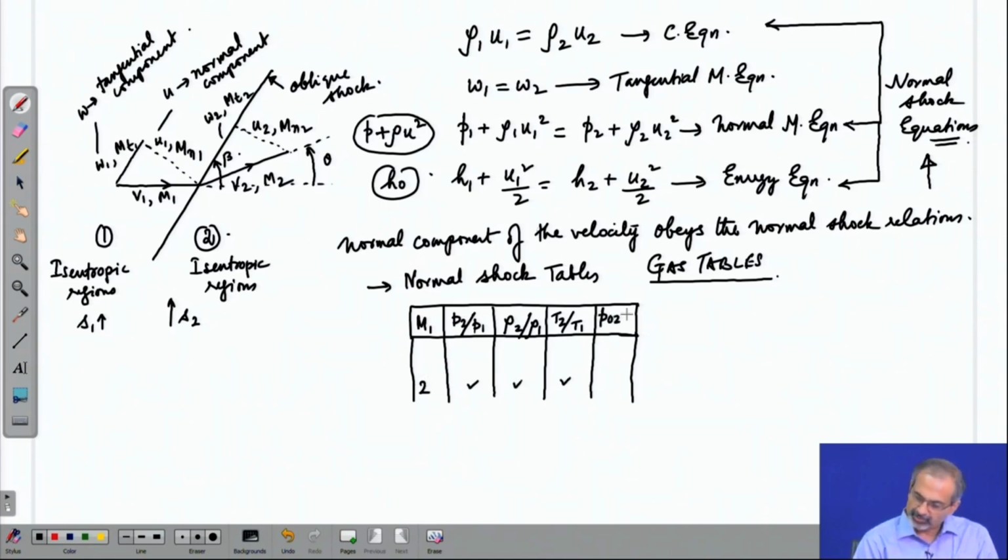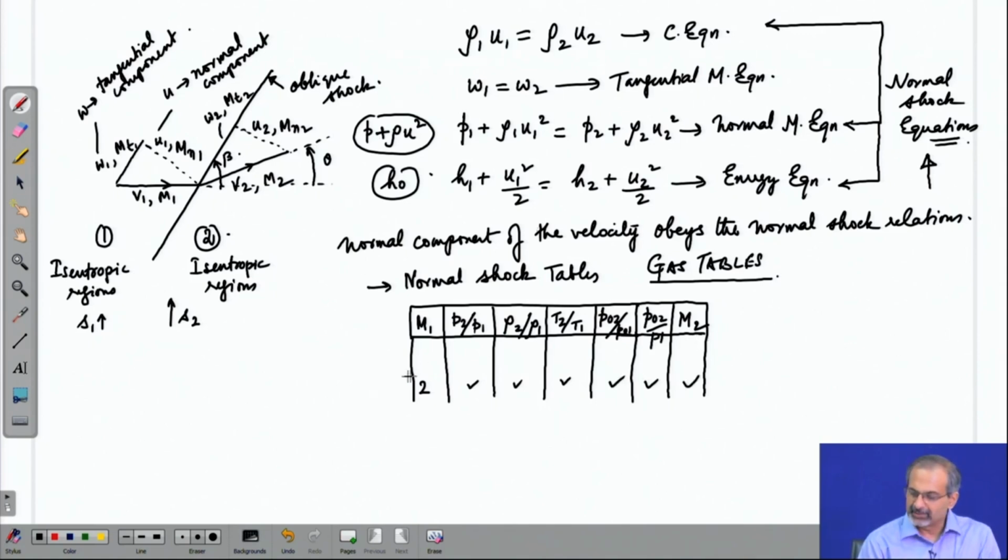P naught 2 by P naught 1, you know that this is linked with the entropy rise across the shock. Then you have P naught 2 by P 1, you have M 2. So, all these would be available from your normal shock tables.